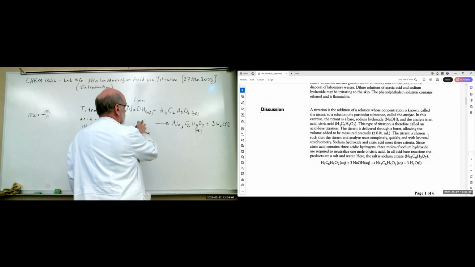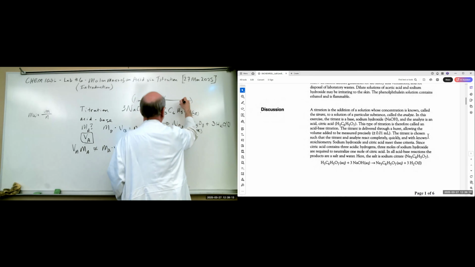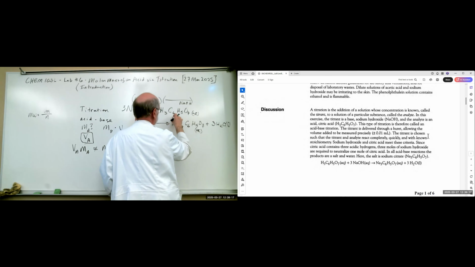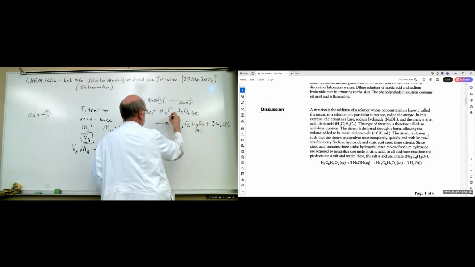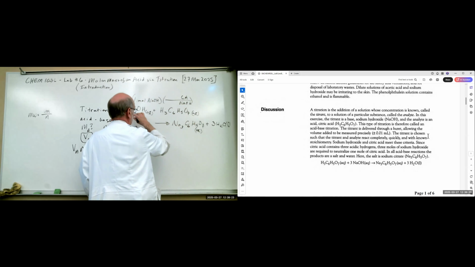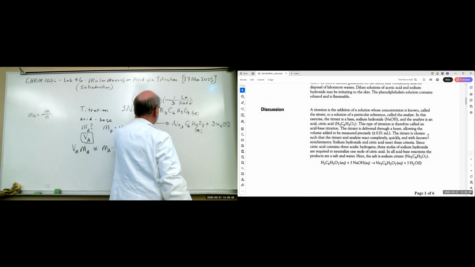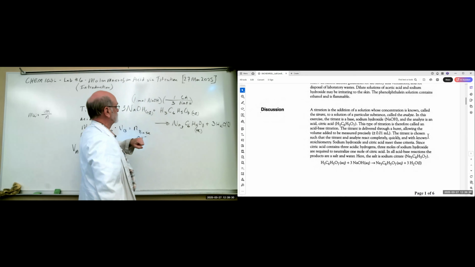Right? So if we use our stoichiometry, just like we always do, and I'm going to abbreviate this as citric acid, Ca. So for every 3 of these, you can do 1 of those, like 1 there and 3 there.